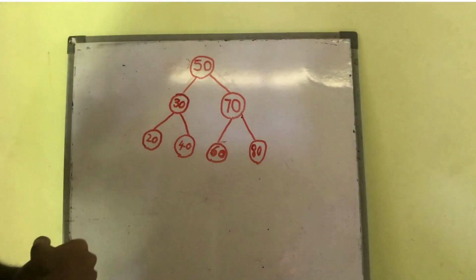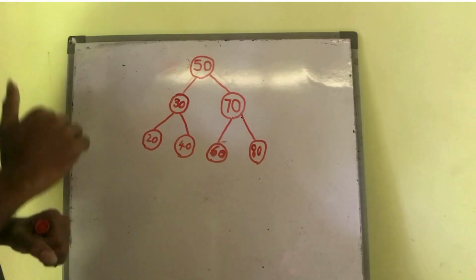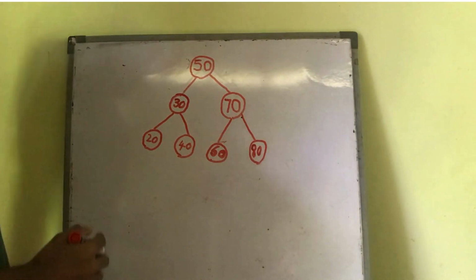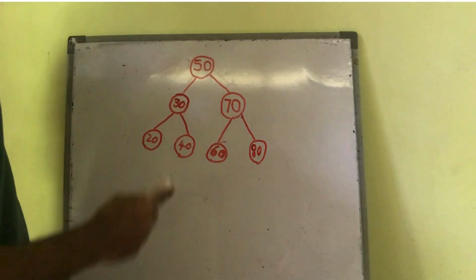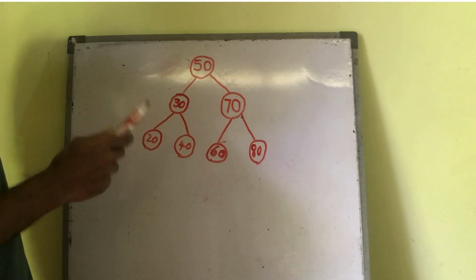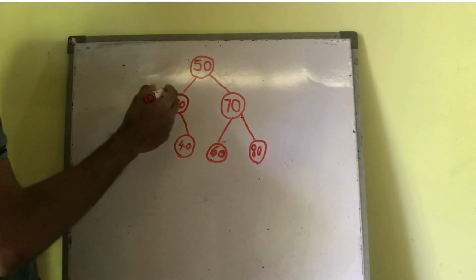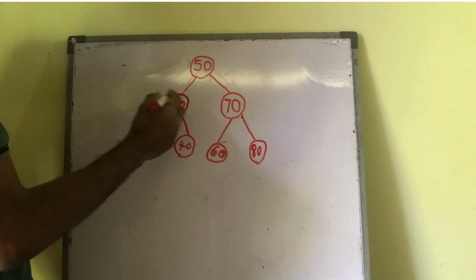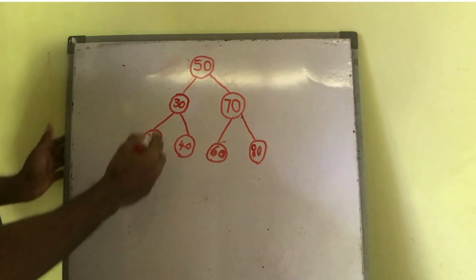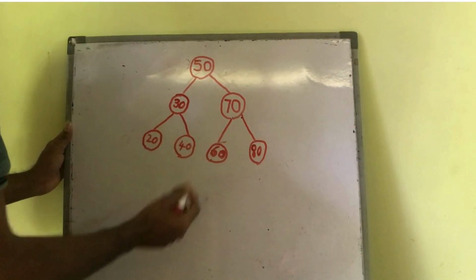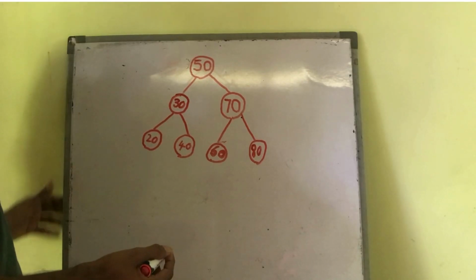So now I am going to explain the third part of the BST deletion. The third one is the node that has two children. I'm going to choose the 30 node to delete. You can see that 30 has two children, 20 and 40.